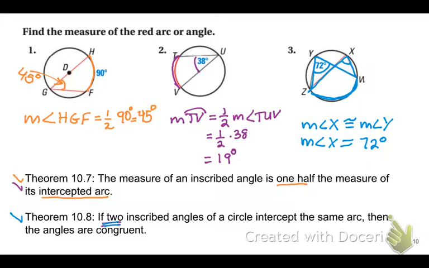Just for argument's sake, I'll erase first, just so you can make sure you're seeing the right stuff. Let's look at what would not be the way to do this. Now you have an inscribed angle here, and you have an inscribed angle here.